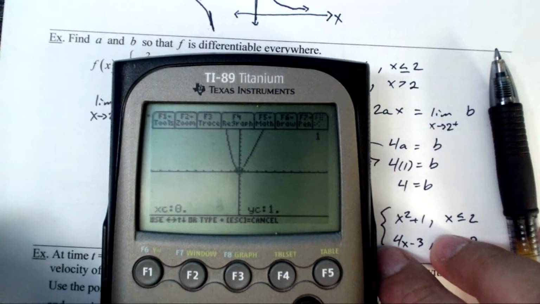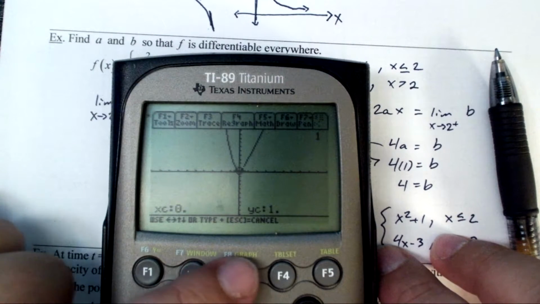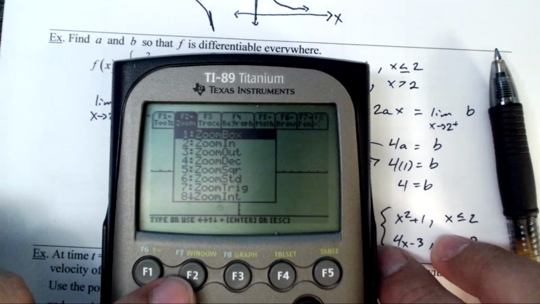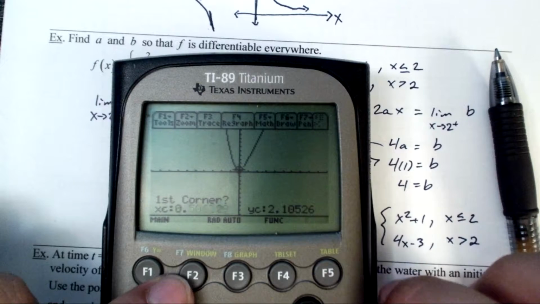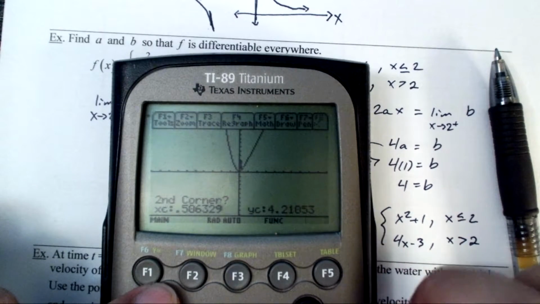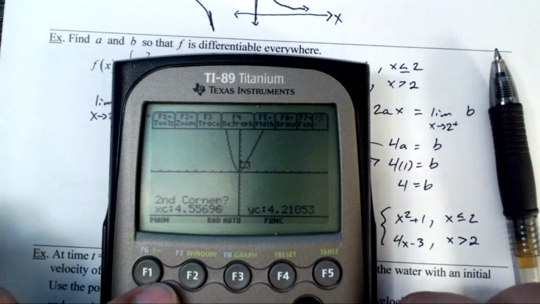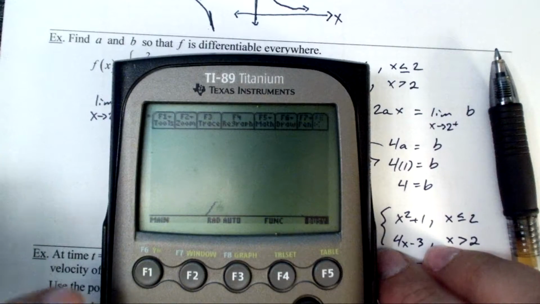If we zoom in, let's do a zoom box. I'm going to zoom from here to there, and we're going to try and capture what's happening here.